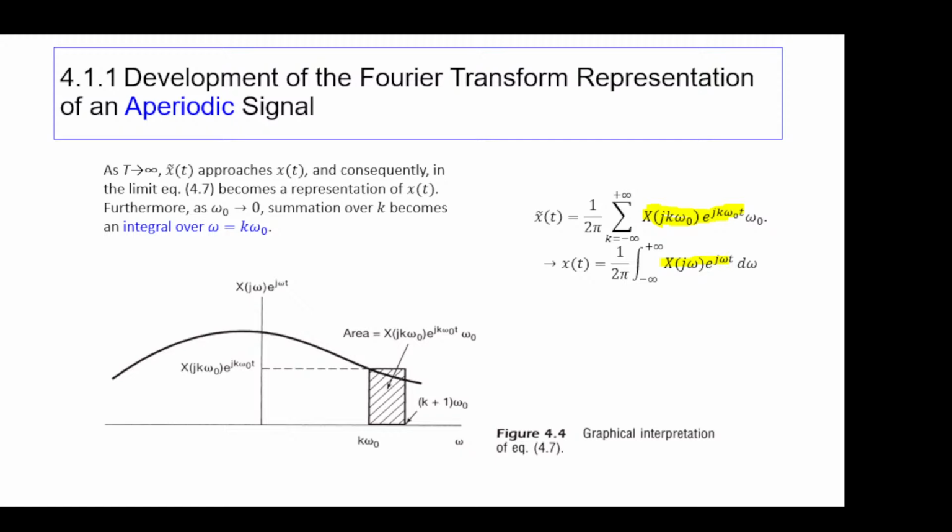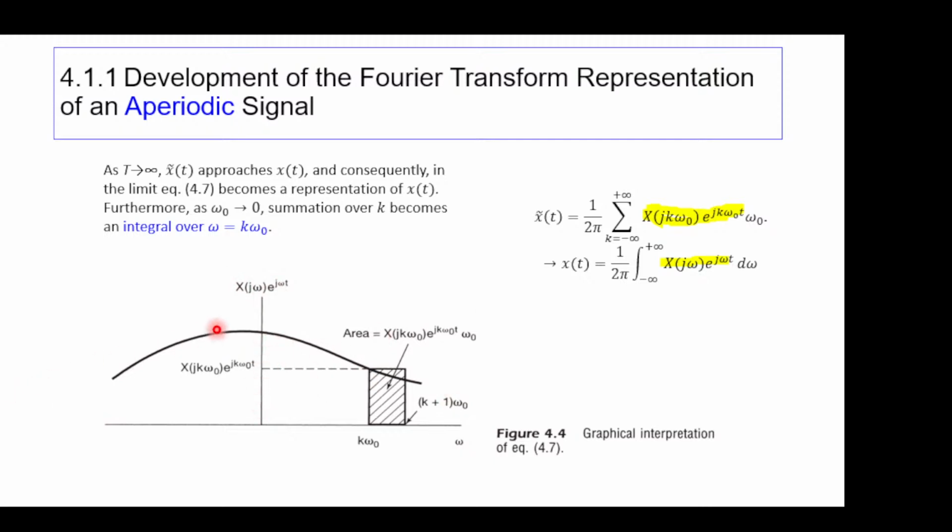So think about this plot down here. We have this line of x of j omega e to j omega t. Although it is a little funny because it's a complex number, let's pretend that we can plot the complex number.